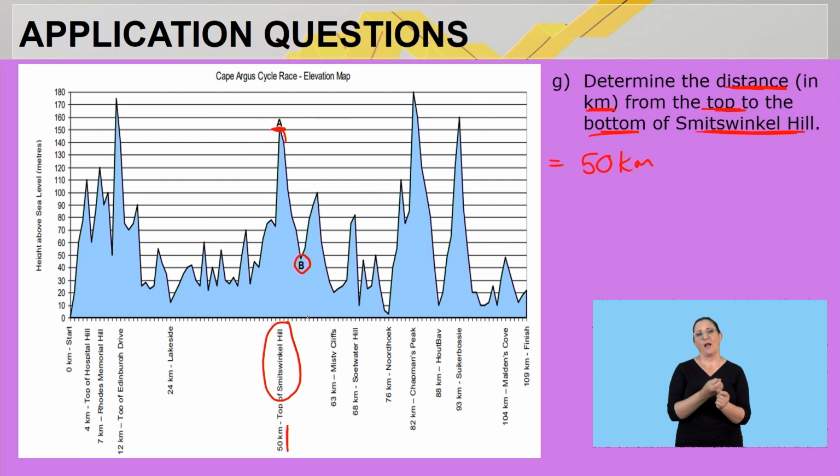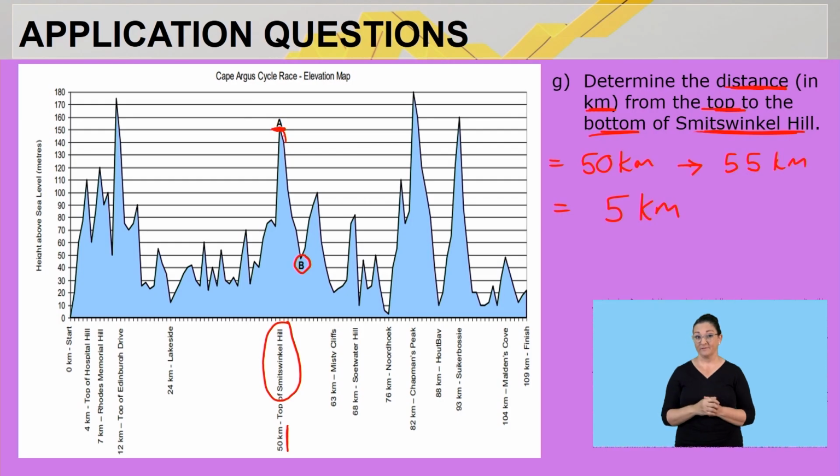If I look, B will be roughly here. So if that's 55, then the difference: if that is 50, it will move to 55 kilometers. So the distance when they take this decline from the top to the bottom is plus minus 5 kilometers. Guys, are we clear on that?